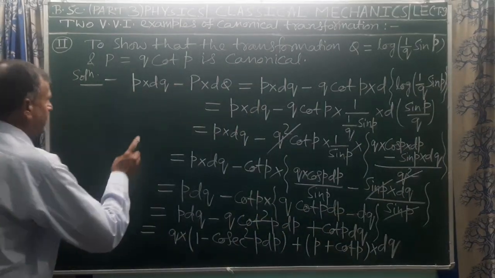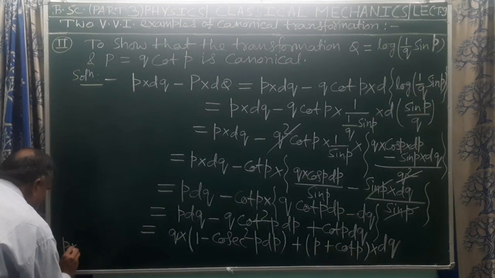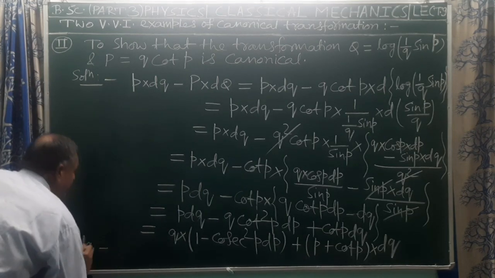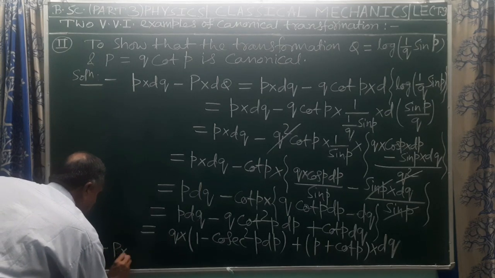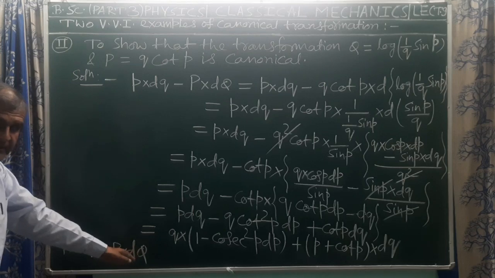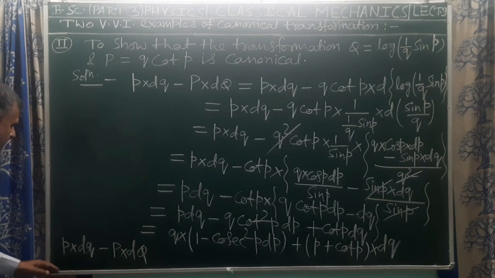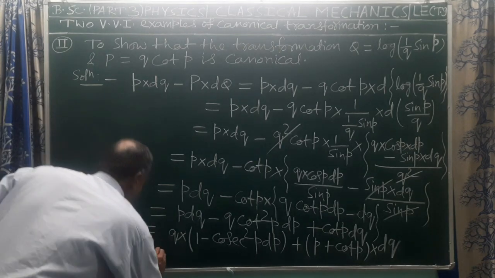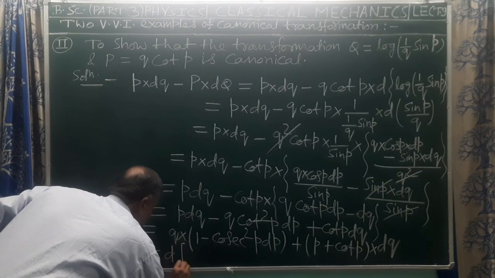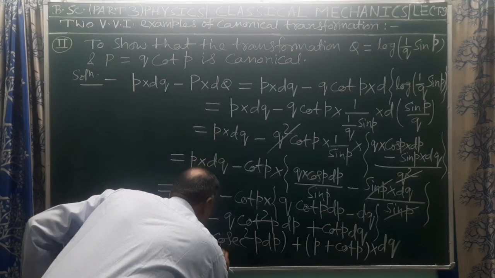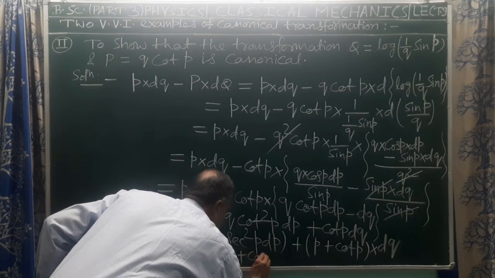Now finally we can write, initially we have taken small p into dq minus capital P multiplied by differential of capital Q. So it is small p multiplied by d small q minus capital P multiplied by d capital Q equals d of the product of q multiplied by p plus cot p.